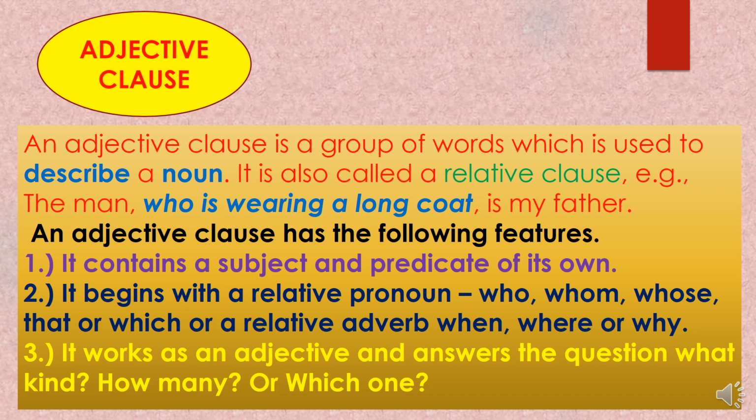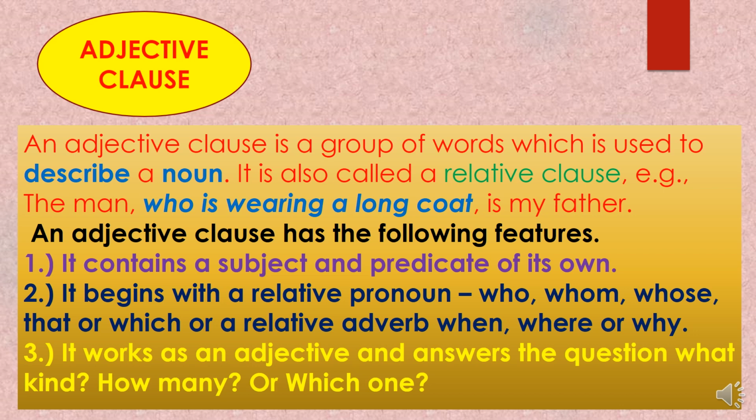I have already explained that it is always acting as an adjective. So the man who is wearing a long coat is my father. We are defining the man, so it will always be the adjective clause. I am sure that you have understood it.